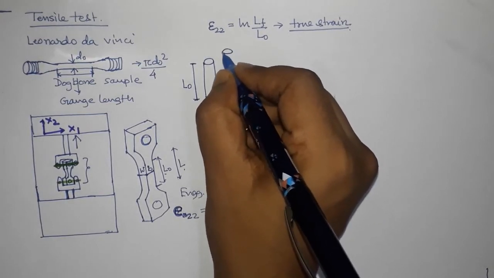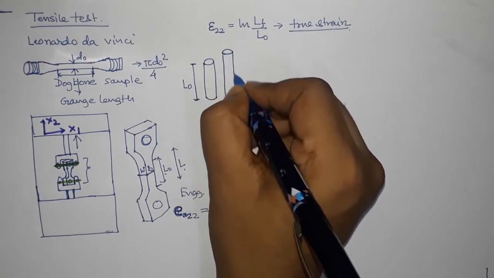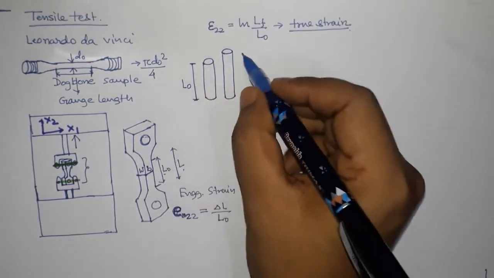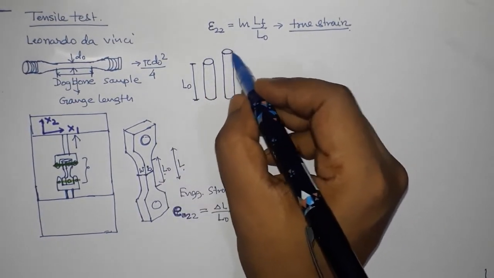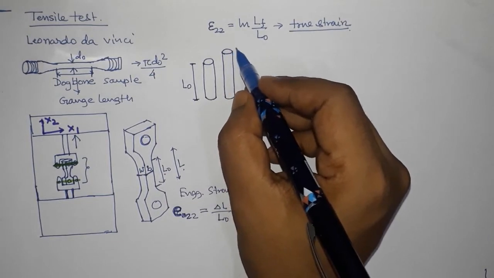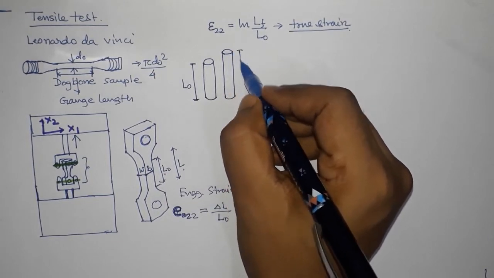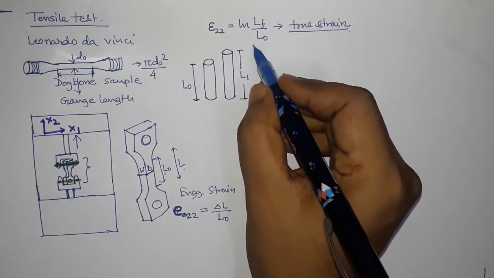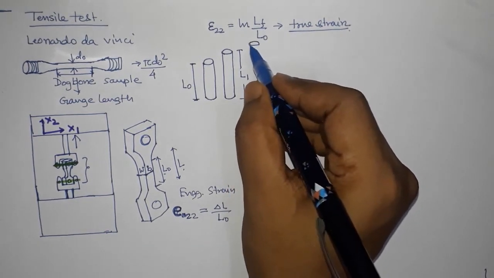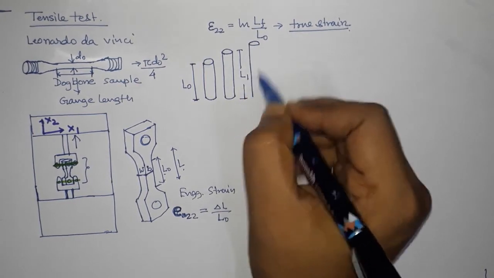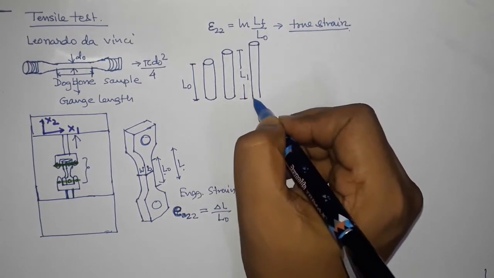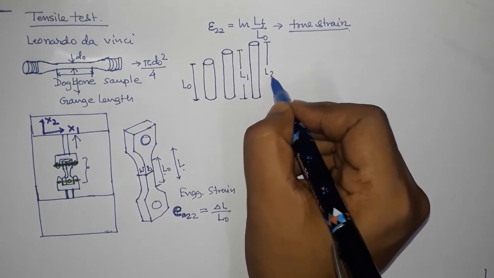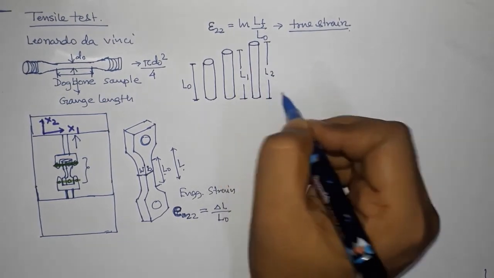So now the length has increased and the diameter has decreased, but we are not bothered about the diameter at this point of time. So now the length, let's say, is L1, and then you pull it further, and the length increases further to, let's say, L2.